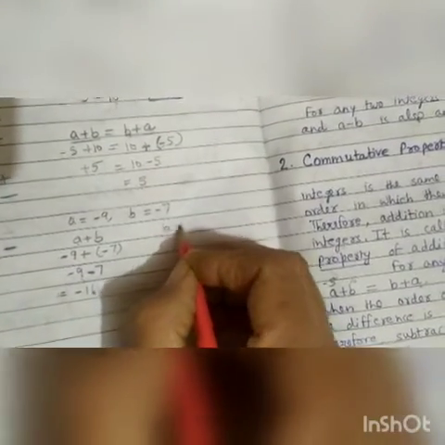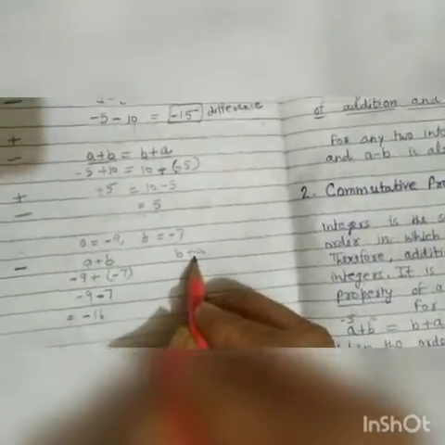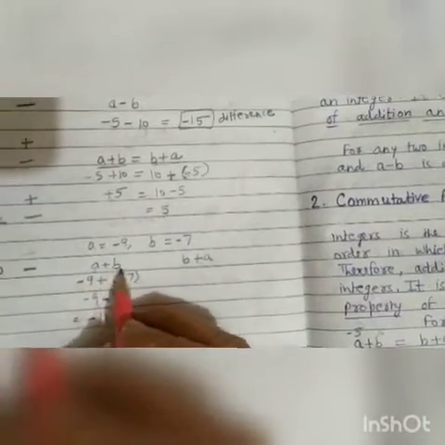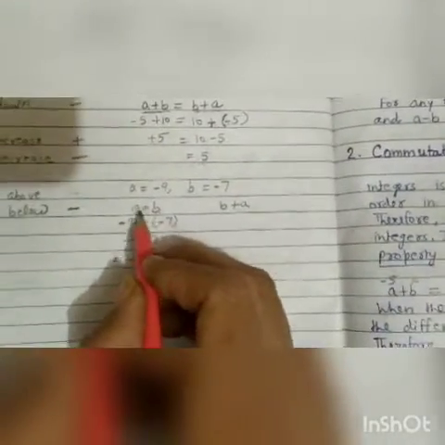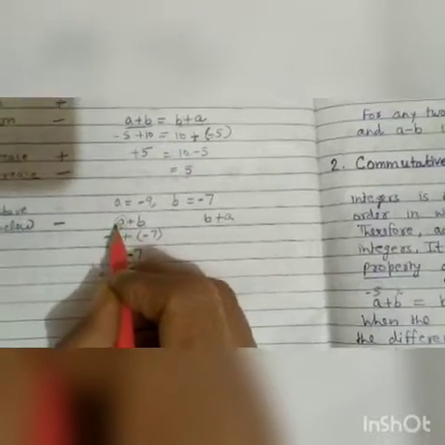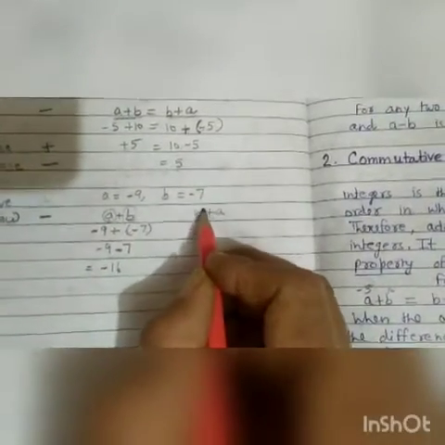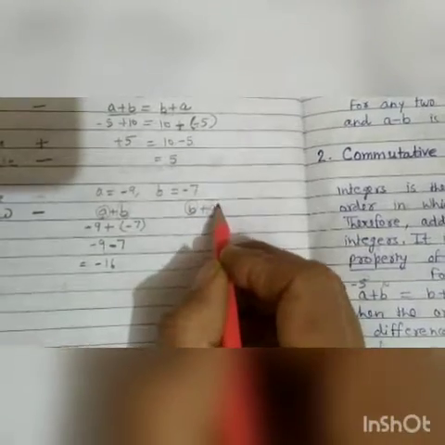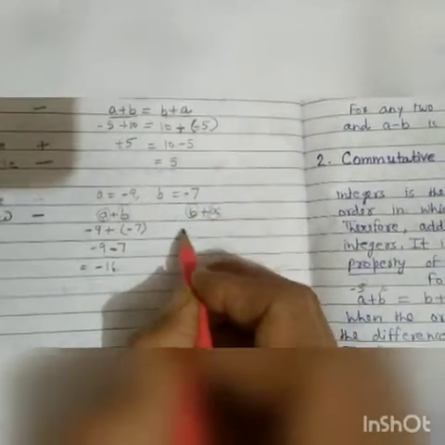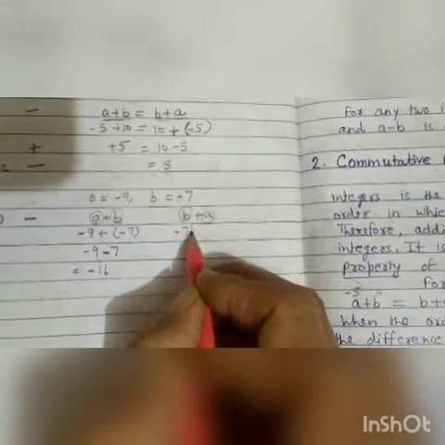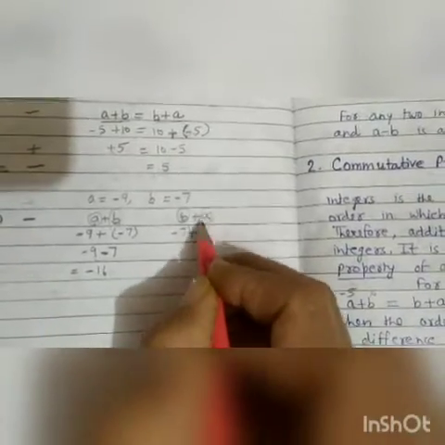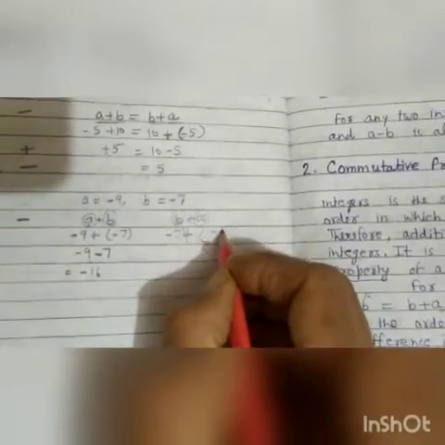Now if we write b plus a, here we have changed the order of the numbers. In a plus b, a is written first and b second. Here we have written b first and a as the second number. So the value of b is minus 7, then plus, the value of a is minus 9.